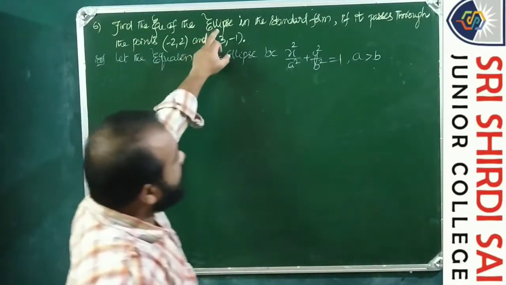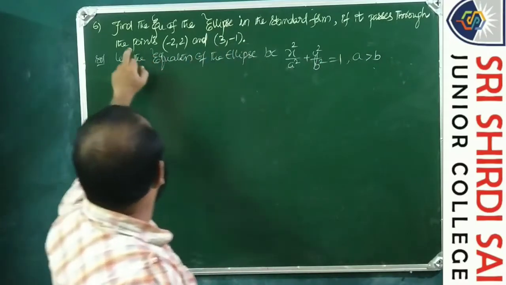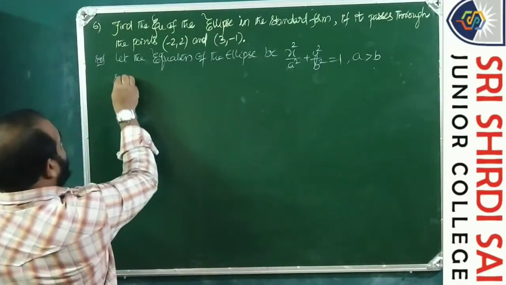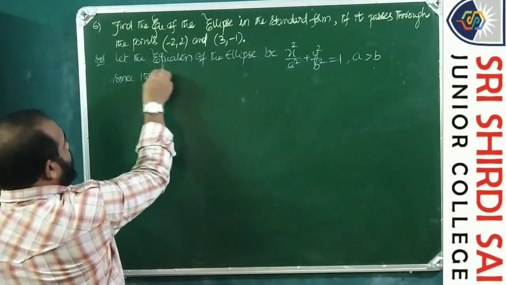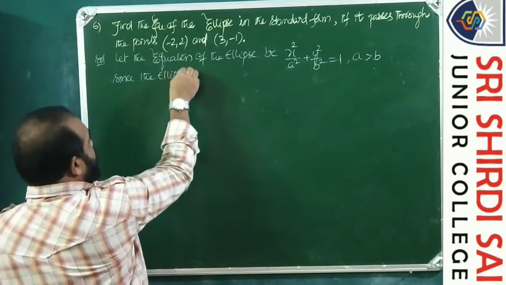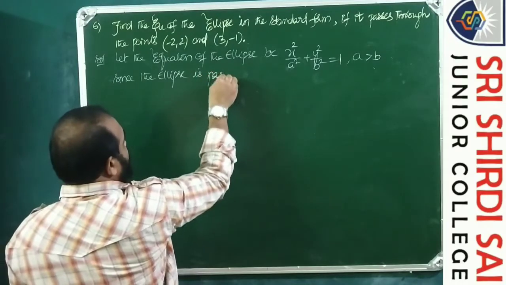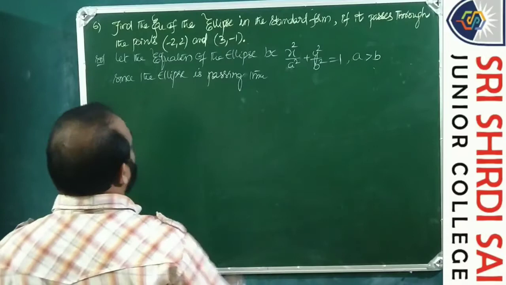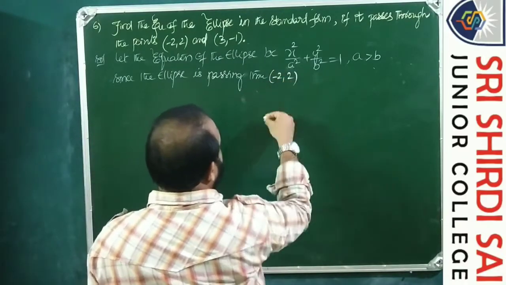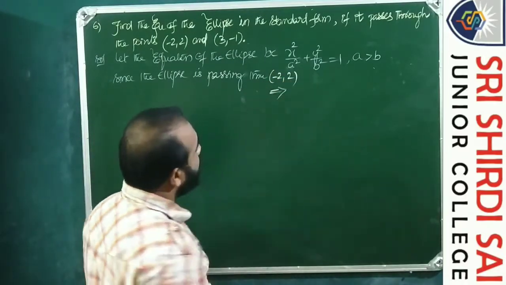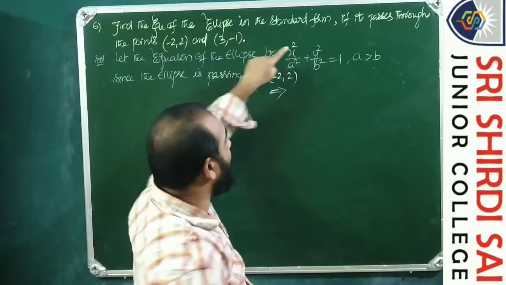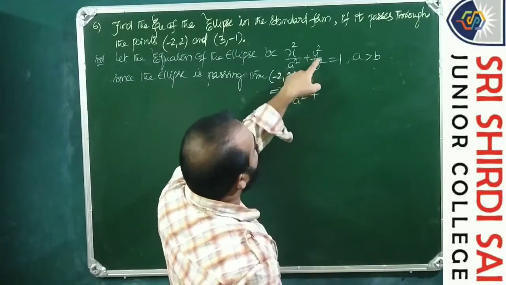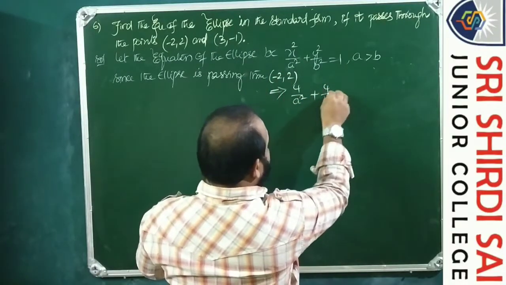So since the ellipse is passing through the point minus 2 comma 2, this implies minus 2 whole square is 4 by a square plus 2 whole square 4 by b square equals 1.